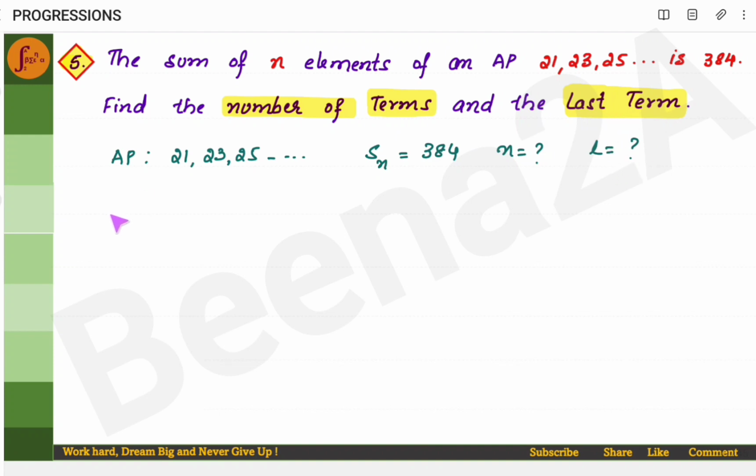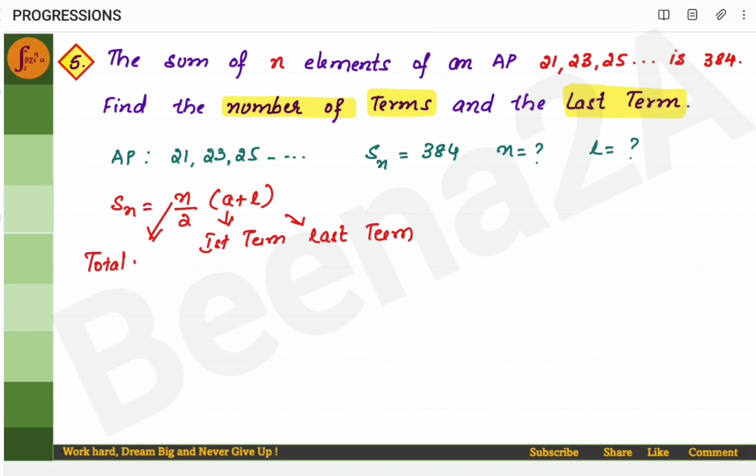Now, what is the sum formula? The sum formula is Sn equals n by 2 into (a plus L). a is the first term, L is the last term, and n is the total number of terms. We don't know the total number of terms, so this is a question mark.